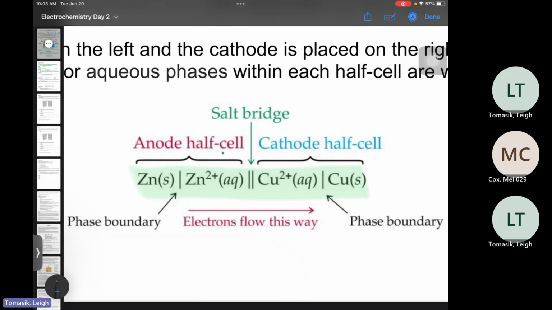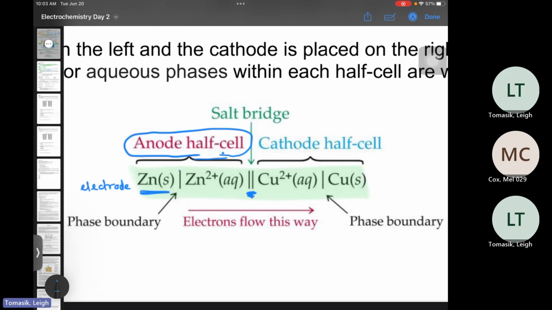I would know as a chemist that everything before the double line in the middle is the anode. In the anode, we write the electrode first. The electrode is made of the solid metal. In this case, it's zinc metal. And then we have a single line.